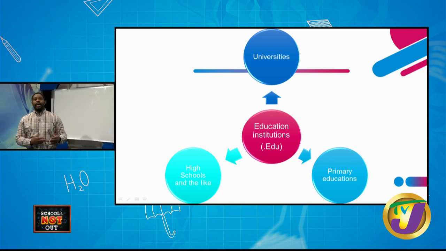If they have a website and the focus is education, then they are going to be registered under .edu. You will always see possibly edu.jm, which means Educational Institution in Jamaica. So your reason for creating the website always informs what type of domain you will be using.